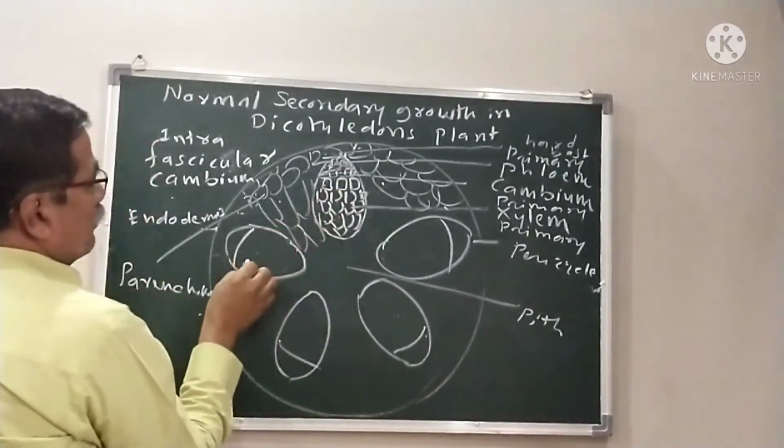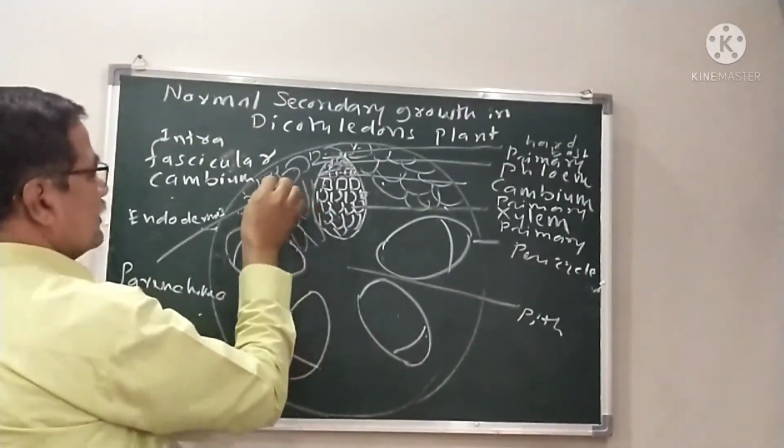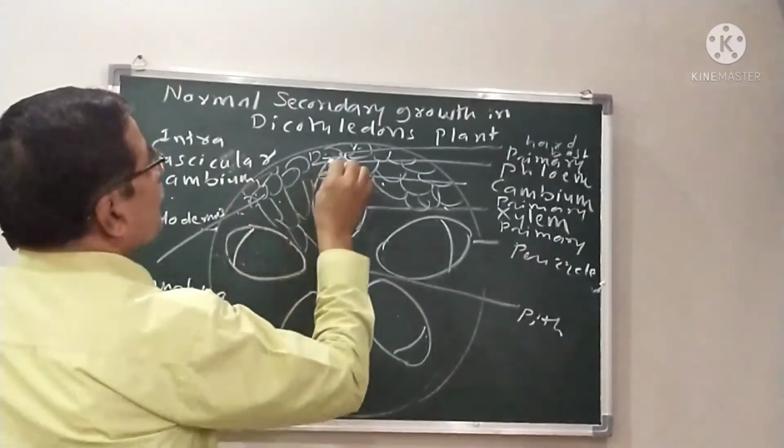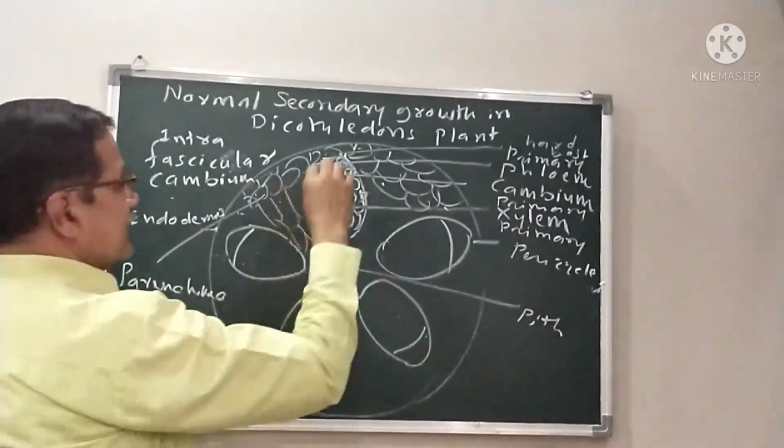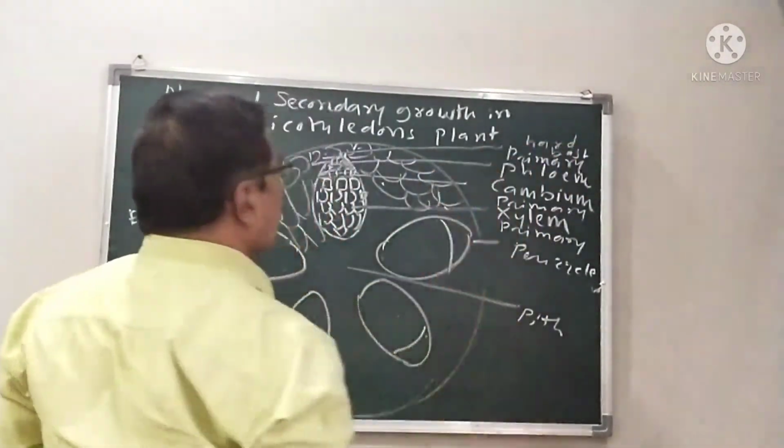In between two vascular bundles, the pericycle is made up of parenchyma tissue, and above the phloem, what develops is sclerenchyma tissue, known as the hard bast.